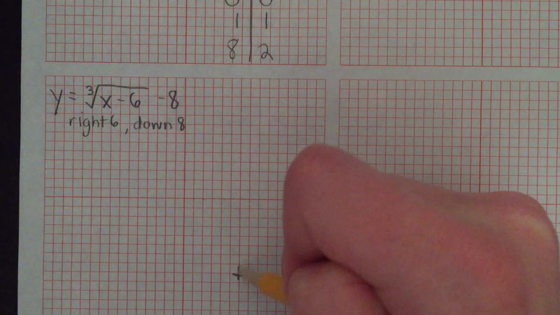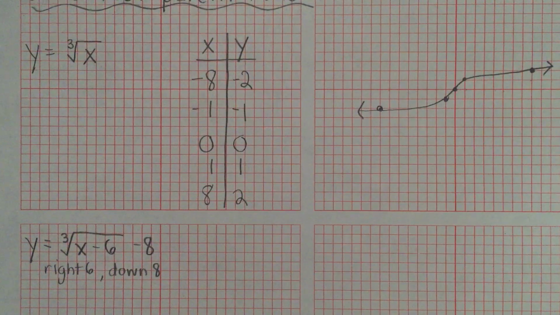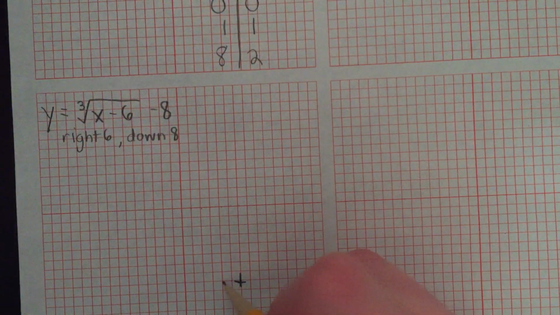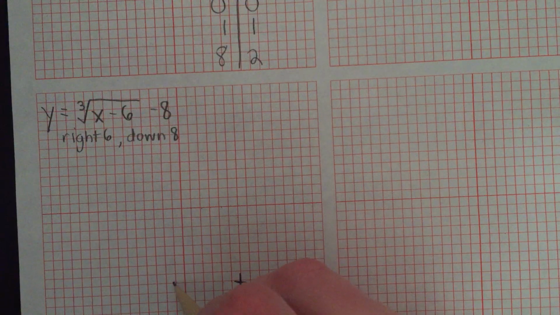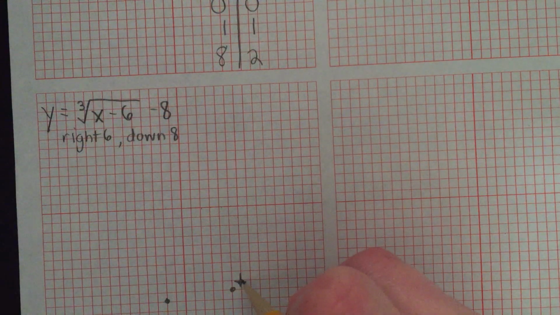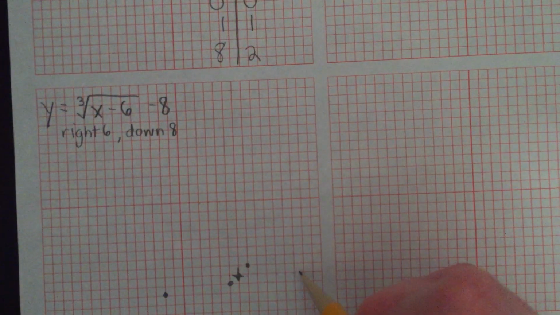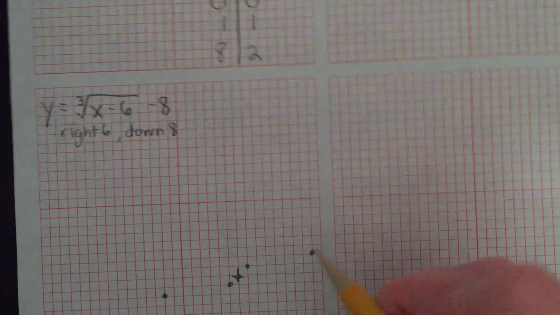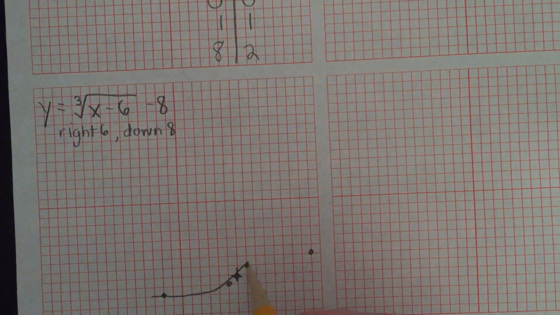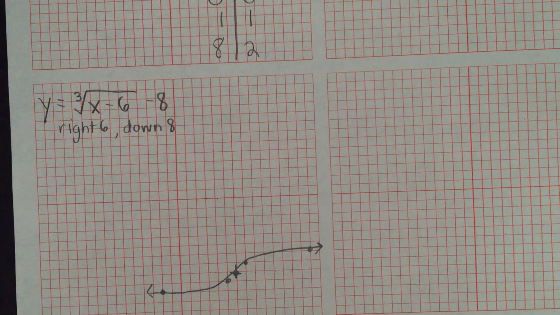And from here, plot your original x and y values for cube root: (-8, -2), (-1, -1), (0, 0), (1, 1), and (8, 2). So there's my cube root parent function shifted right 6, down 8.